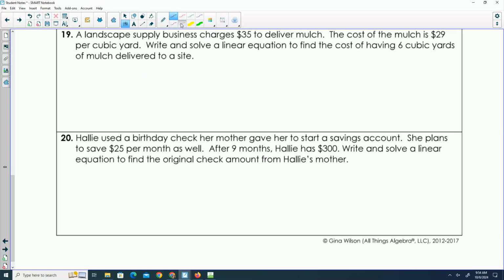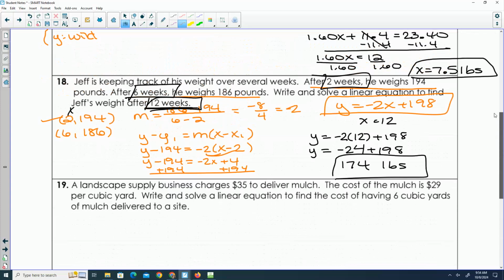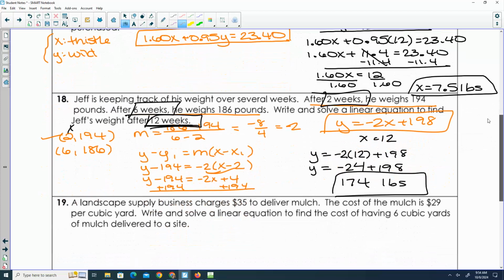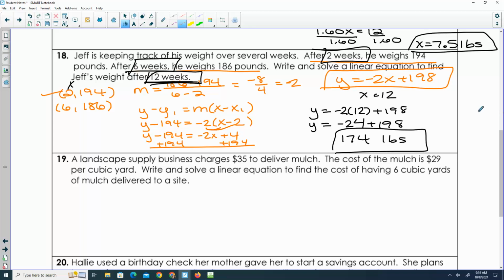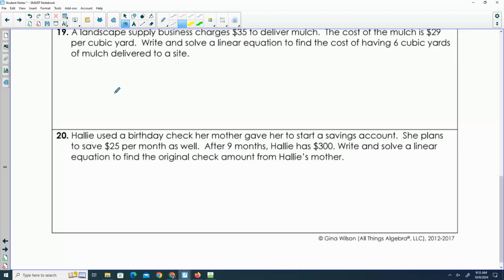Number 19. So far we've done the one where we had two different types. I gave you the x and the y, and we wrote our equation. We've done the one where we had two ordered pairs. So we have to look at what else we might be getting. So number 19. A landscape supply business charges $35 to deliver mulch.